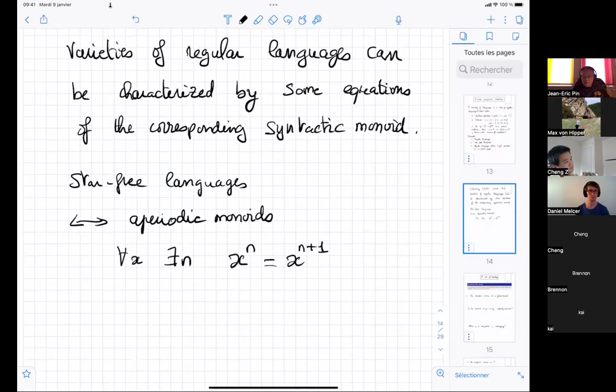The problem is that this form of equation is not that nice because it involves these quantifiers, and especially this n.